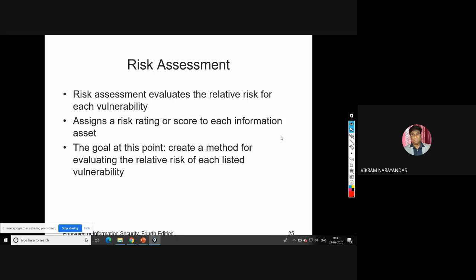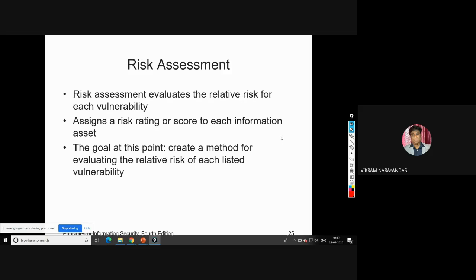After identification of the risk, the next process is risk assessment. You want to evaluate the relative risk for each vulnerability through a process called risk assessment.